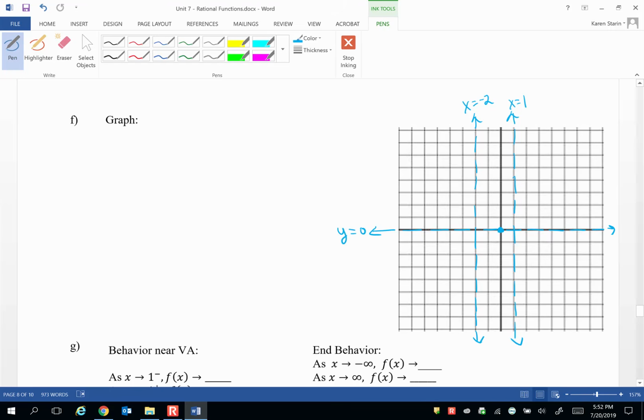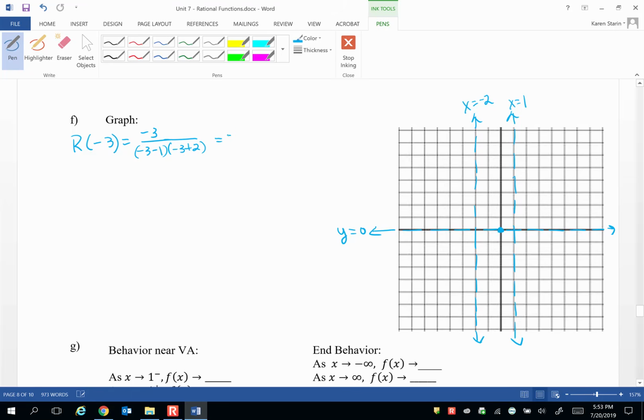It's not a lot of information for knowing how this function looks, so we're going to have to pick some points. So let's pick a point to the left of x equals negative 2 and figure out what that is. Let's find r of negative 3. So we're going to have negative 3 over negative 3 minus 1 times negative 3 plus 2.